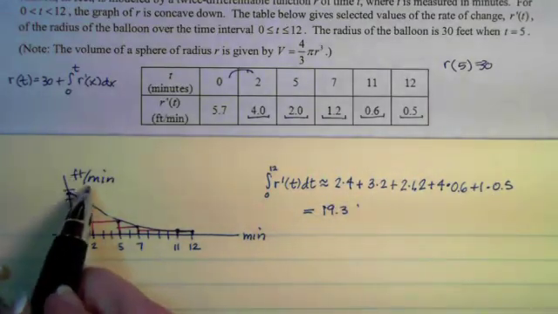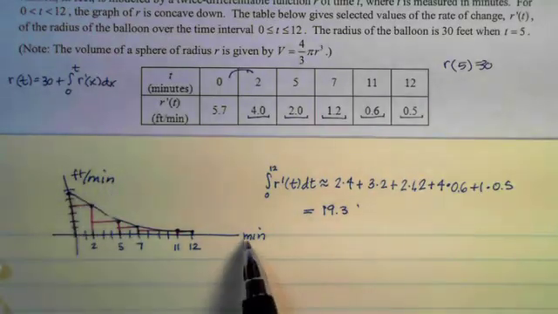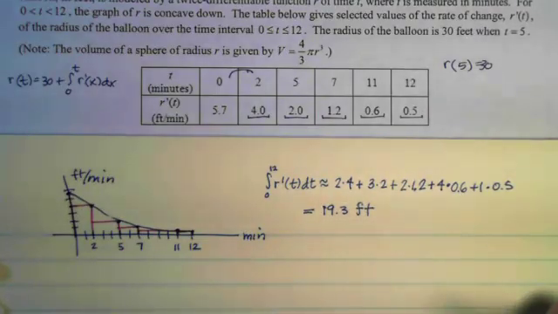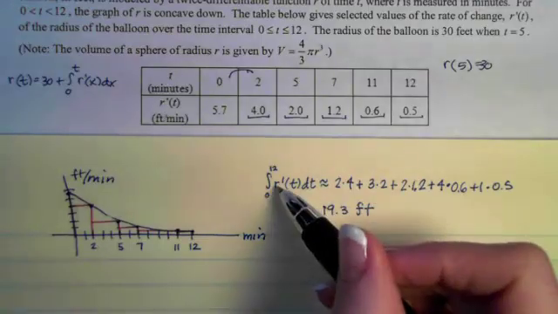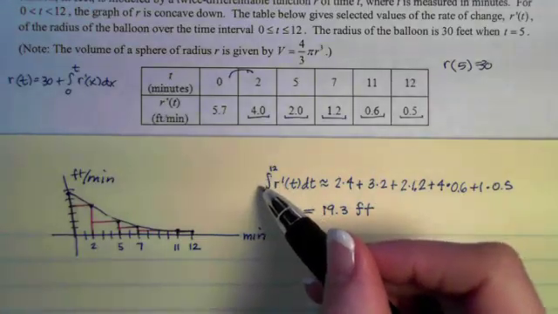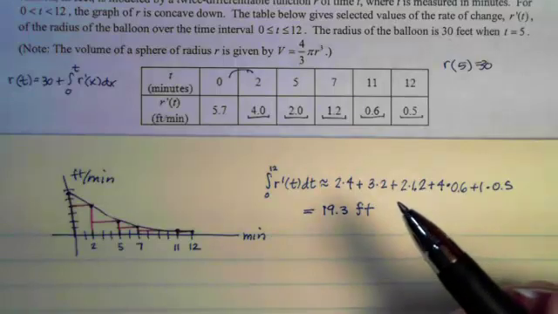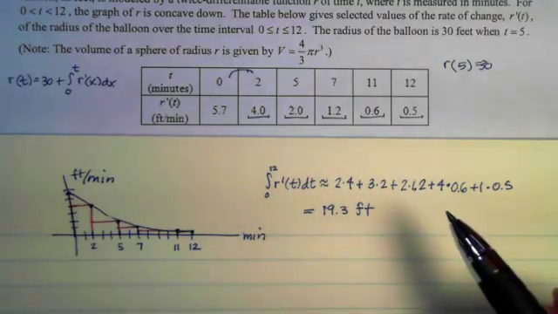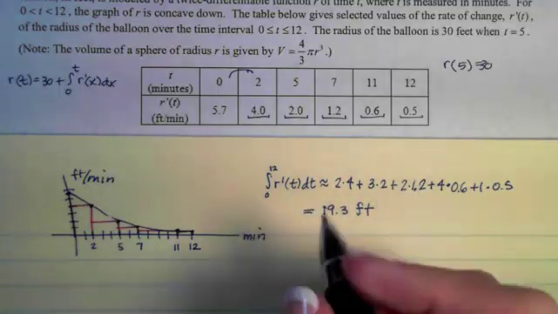Now we need to talk about the units. Notice that we're doing a height that's feet per minute and a width that is minutes. If I multiply those together, the minutes disappear and I'm left with just plain feet. And we want to talk about what that accumulation represents. If we accumulate r prime, that's like the antiderivative of r prime, that's going to be r. So this represents the net change in the radius, and the net change was positive.